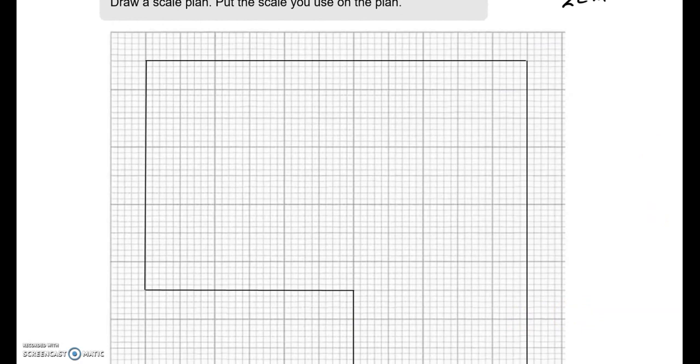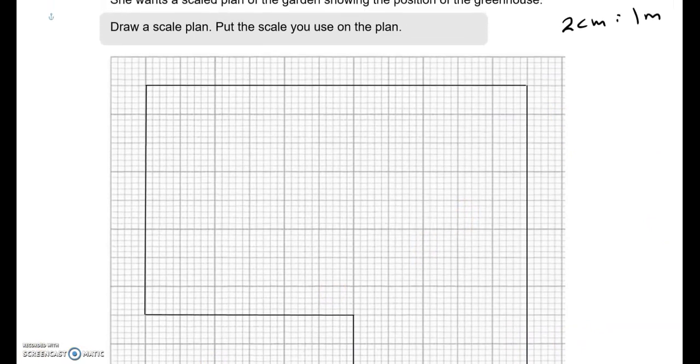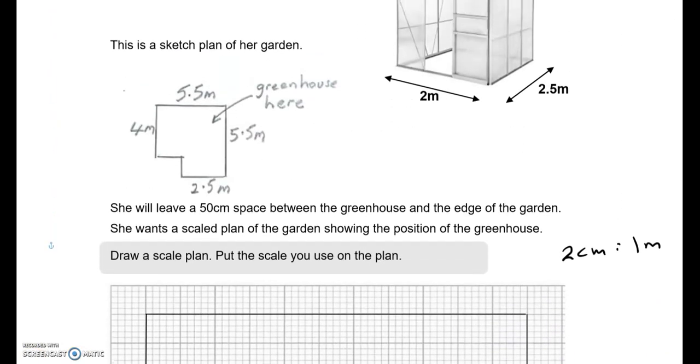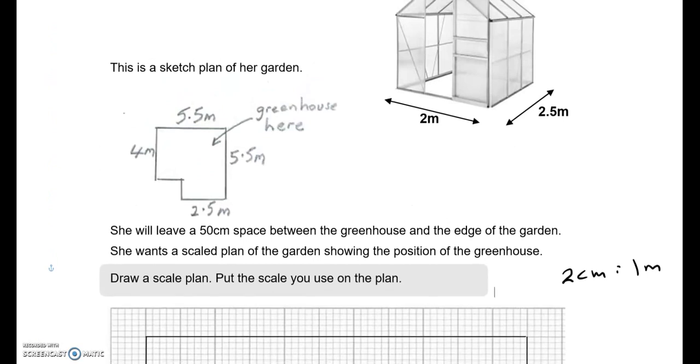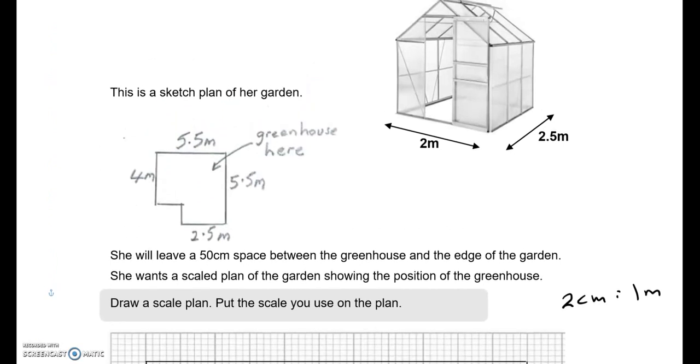So we've represented the plan of the garden in here. Now we're going to need to do the greenhouse. So we know that the dimensions are 2 meters by 2.5 meters, and we need to leave a 50 centimeter space between the greenhouse and the edge of the garden.